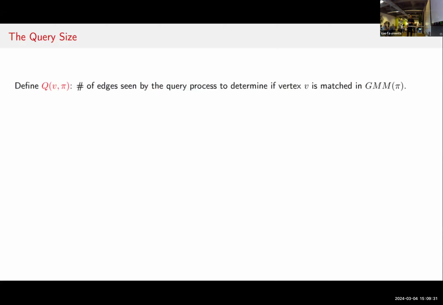Okay, so let's talk about this now. Let's use Q(v, pi) to denote the size of the subgraph explored for vertex v according to permutation pi. And let's use delta to denote the maximum degree of the graph.